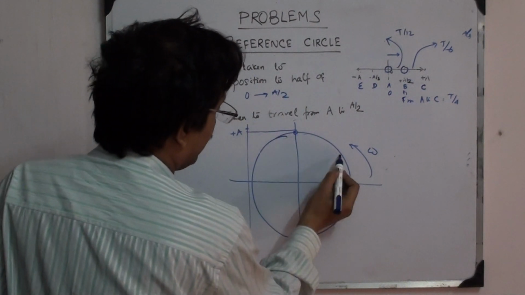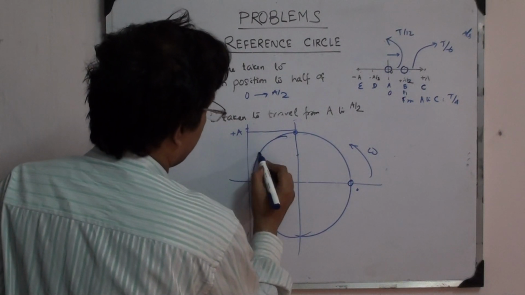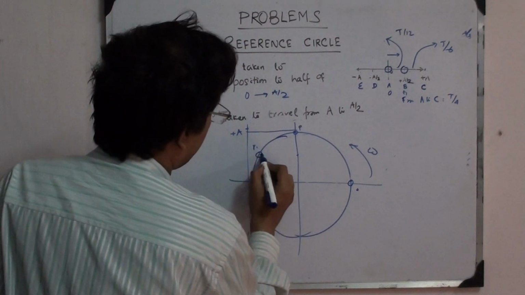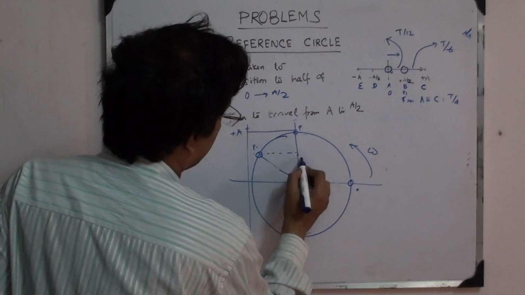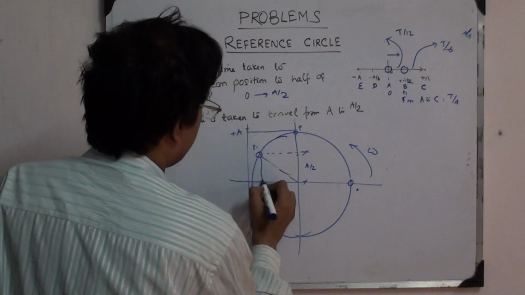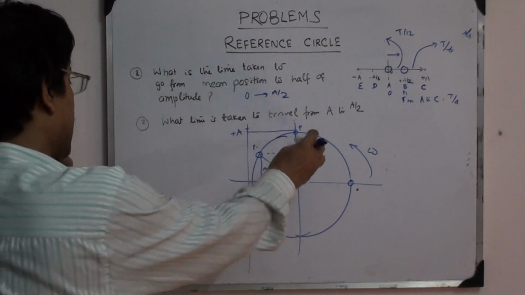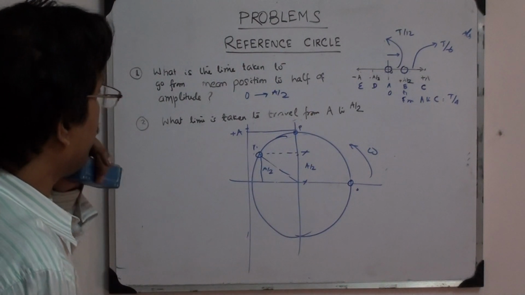Remember, while going, it has gone to A by 2. Let's say this position is P1. What is P1's projection? A by 2. So he asks how much time it will take from A to A by 2.